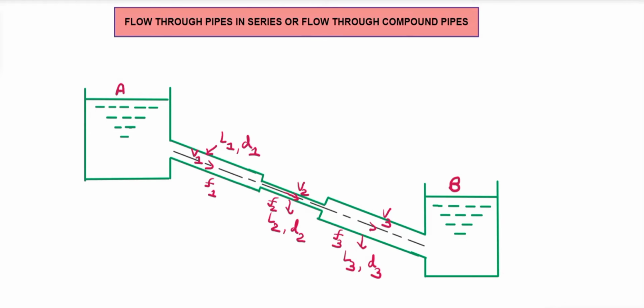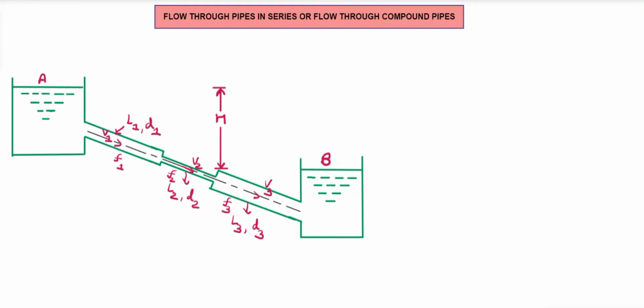Here let me just write this as A and B. These are my two tanks, or you can say two reservoirs. The difference between the water levels of A and B is known as H, which is my total head loss.